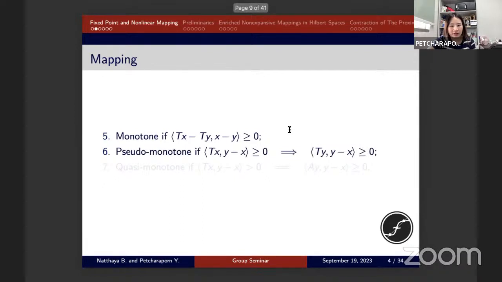And pseudo monotone if inner product of tx and y minus x greater than or equal to 0 implies that inner product of ty and y minus x greater than or equal to 0. And in the same way of pseudo monotone, if this does not include equal, we call quasi monotone.